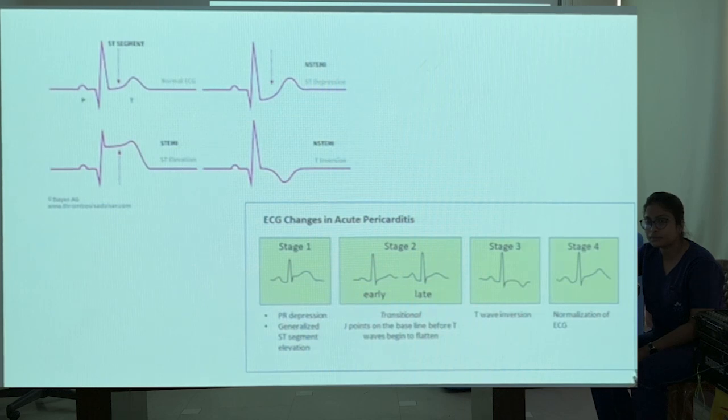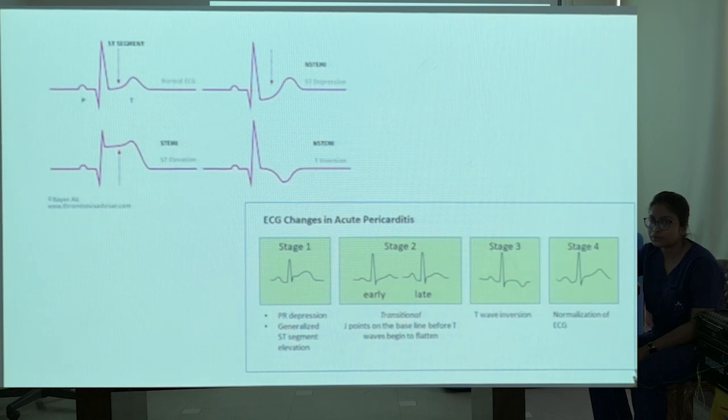So if it's a transmural infarct, it becomes an electrical window, and you can see the opposite wall's electrical activity on the lead facing the infarct wall. You understand?